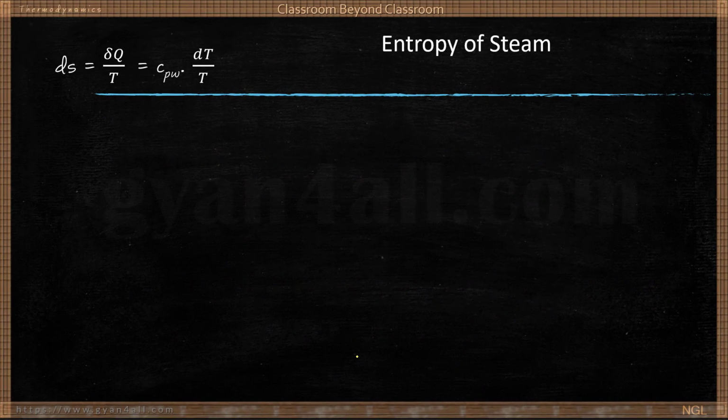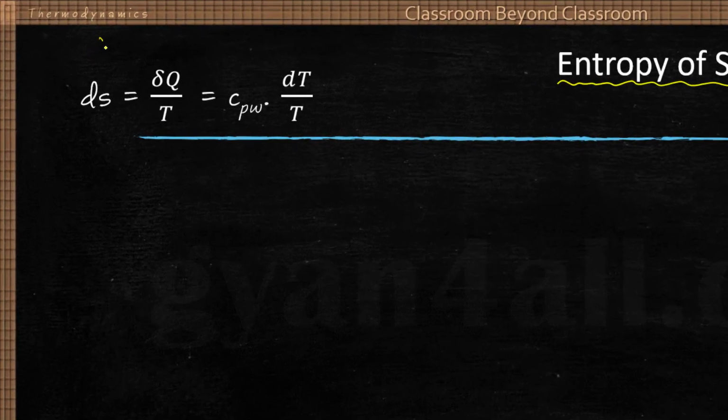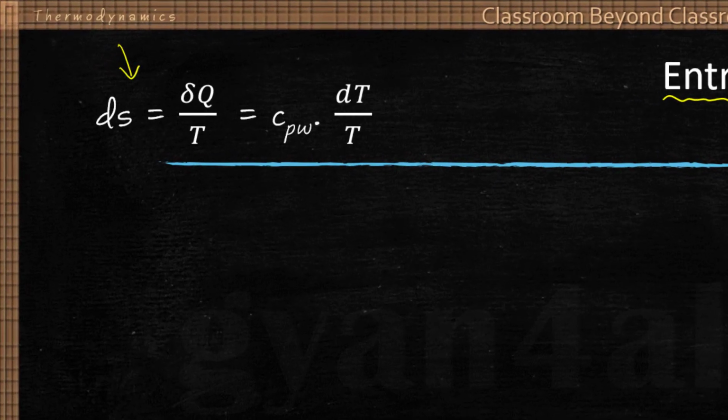Now come to the entropy of steam. Entropy is represented by S. The change in entropy is equal to the heat interaction divided by temperature. That is the relation for entropy for any gas, but we are talking about steam. So what is delta Q?